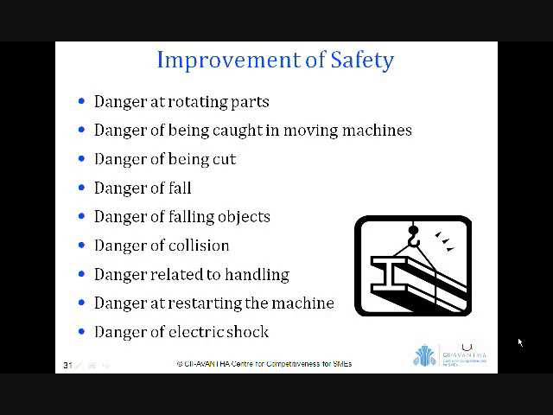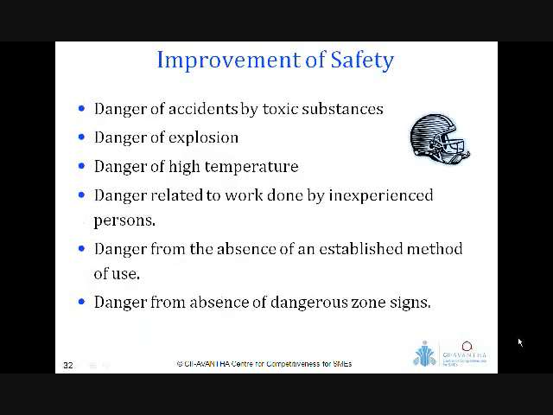There should be a stopper and sensor, so there is no collision. Danger related to handling hard objects, you should have provision to handle them. Danger of electric shock, you should have a rubber sheet near electrical panels. Danger of accident by toxic substance, danger of explosion, danger of high temperature, danger related to work done by an inexperienced person. These are the areas where you can find ideas for Kaizen.